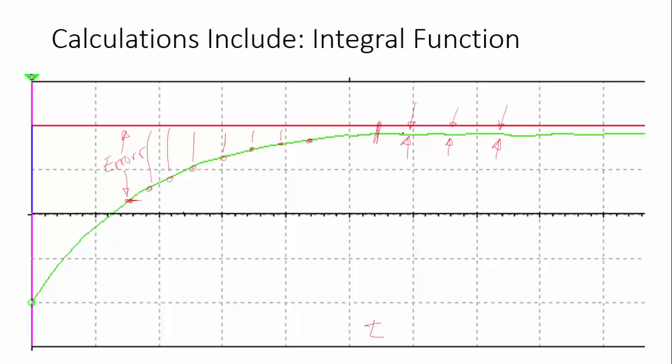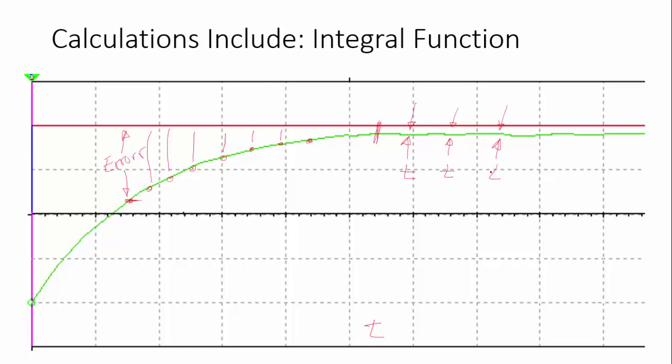The integral term is looking at this error over a period of time, and it's saying, at this time period I had an error, and at this time period I still have an error. So I'm going to supply a little bit more energy to the circuit to try to bring this error back home, back up to the set point.